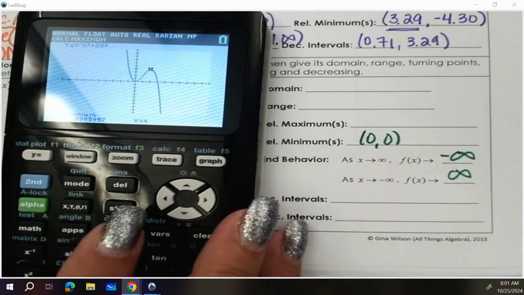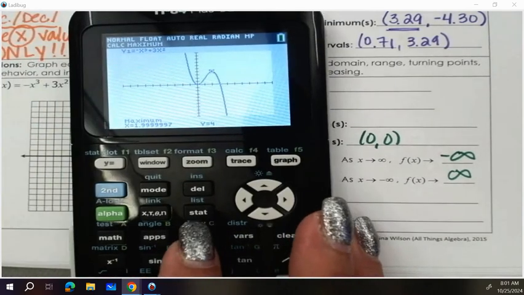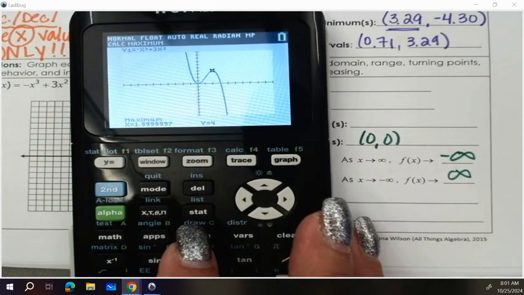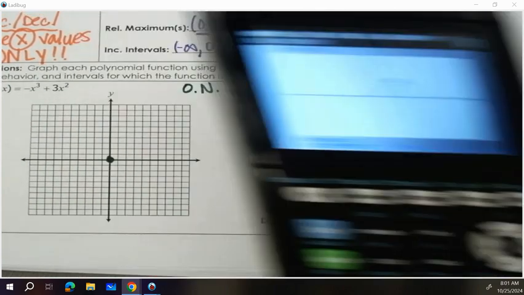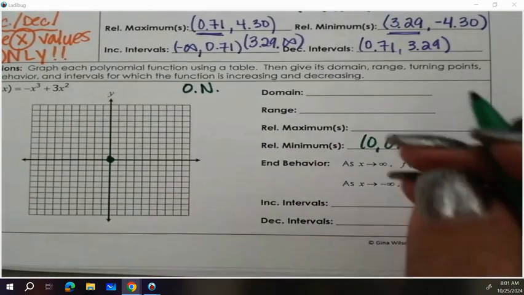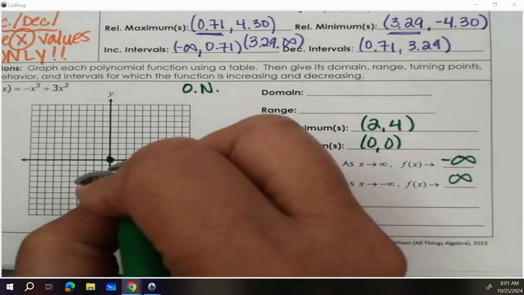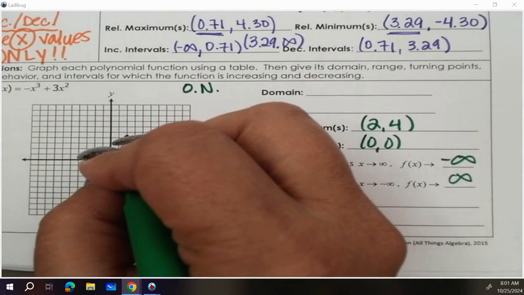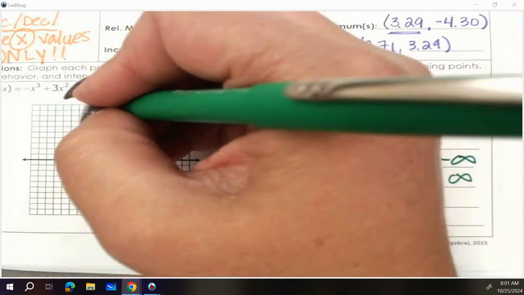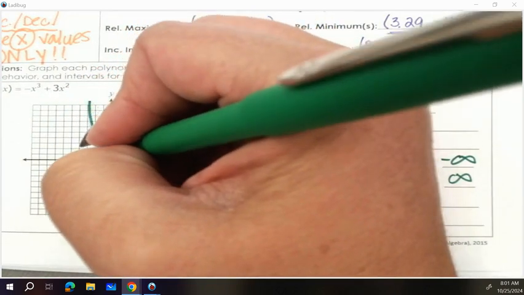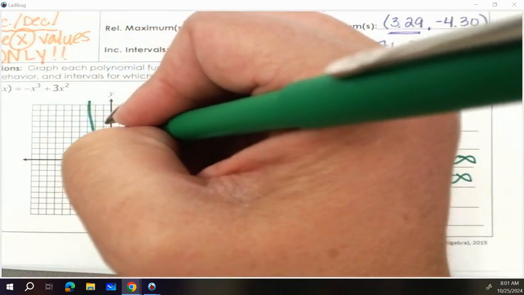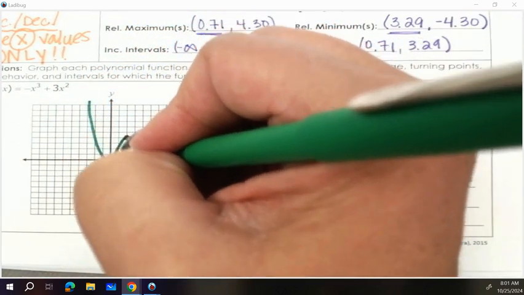I'm just going to go ahead and make that be 2 because that's what it would round up to if I'm going to 2 decimal places. 2, 4. So that's easy. My max is at 2, 4. Over 2, up 1, 2, 3, 4. And I'm coming down this way, and I'm turning, and I'm going up, and I'm turning, and then I'm going back down this way.